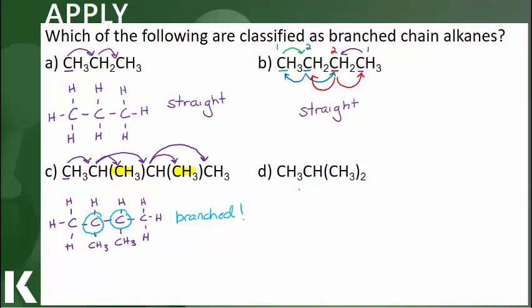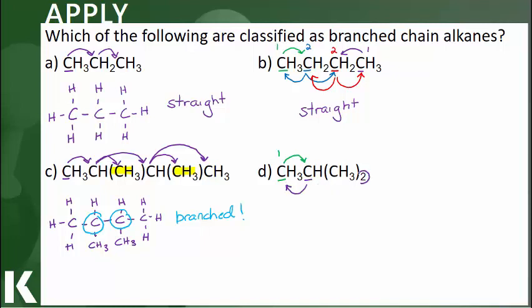Finally, let's look at D and use that same method that we used for B, just looking at each carbon and counting the number of attached carbons. So looking at carbon 1, it is attached to 1 carbon. Looking at carbon 2, it's attached to 1 carbon on the left.